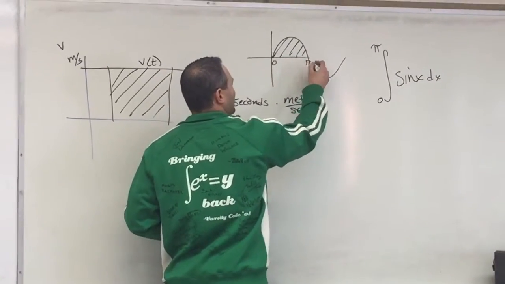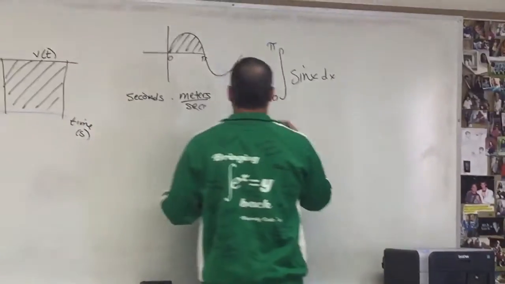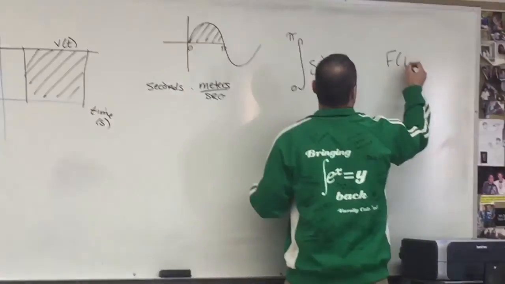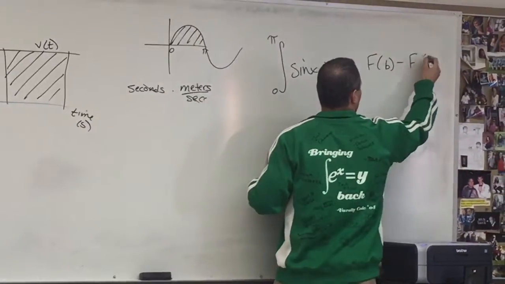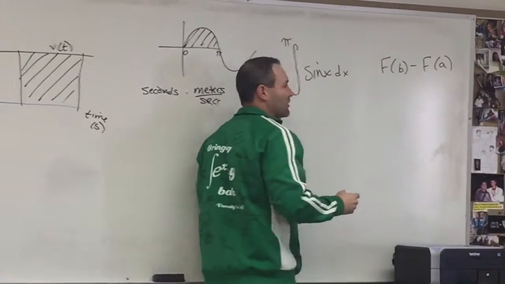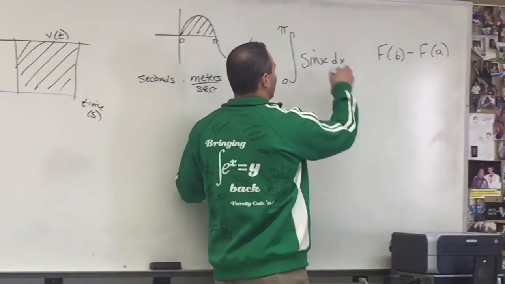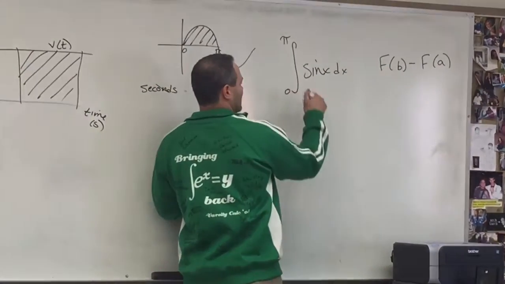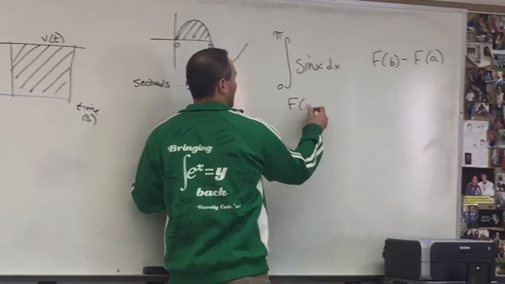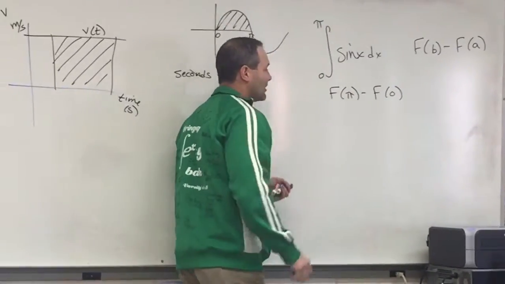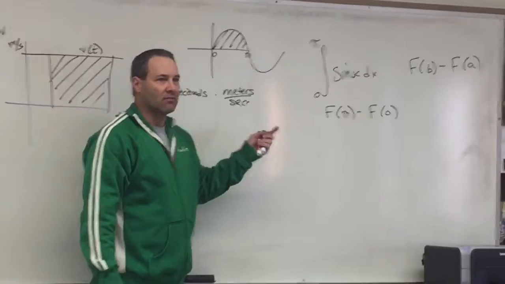So all I have to do is capital F of B minus capital F of A. It would be capital F of pi minus capital F of 0, where capital F is the antiderivative.